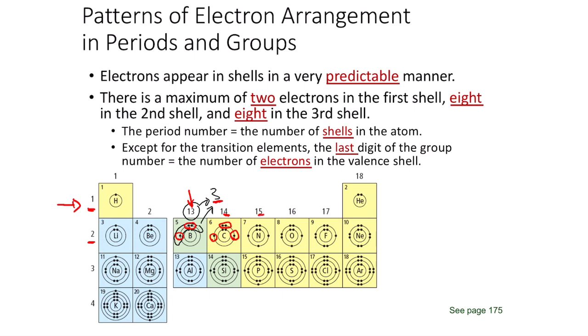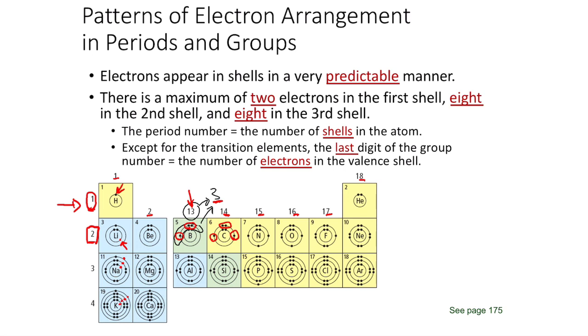So this second number, or the first number in these cases, tells us the valence electrons, where if we look at this, it tells us we have 1 shell. Here we have 1, 2 shells, 1, 2, 3 shells, 1, 2, 3, 4 shells.